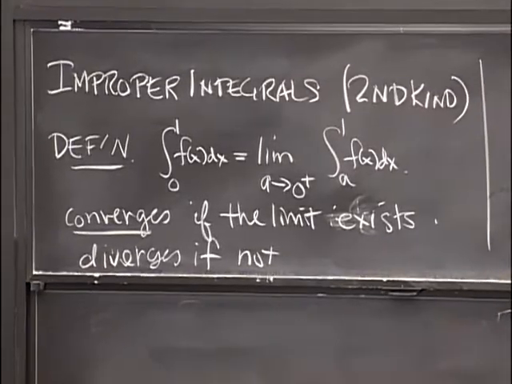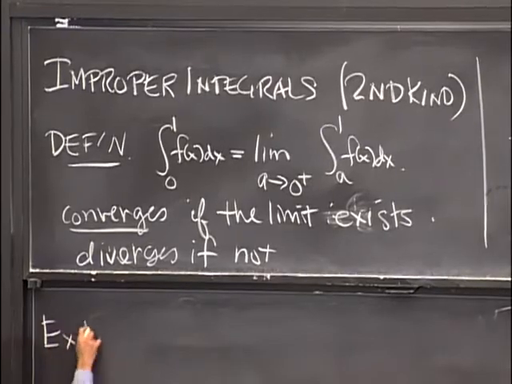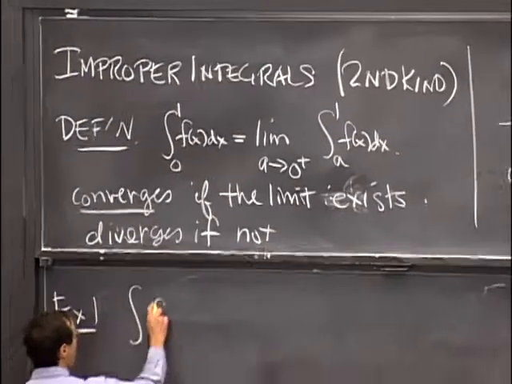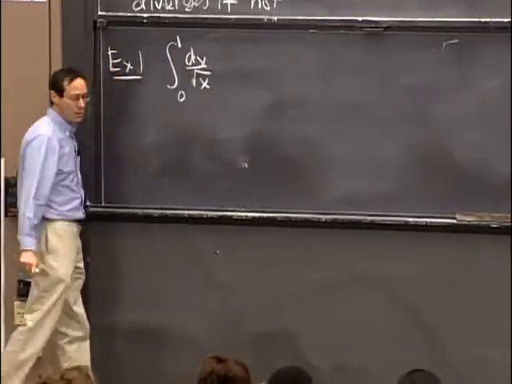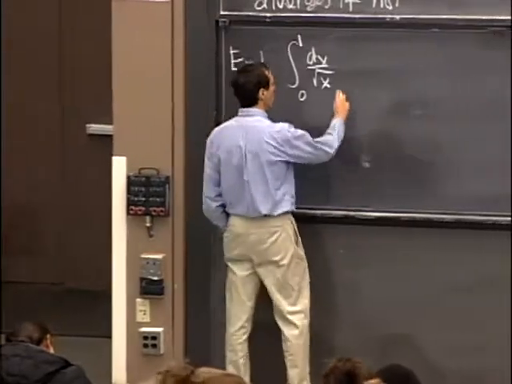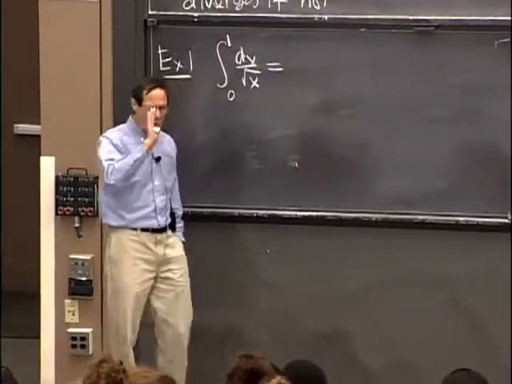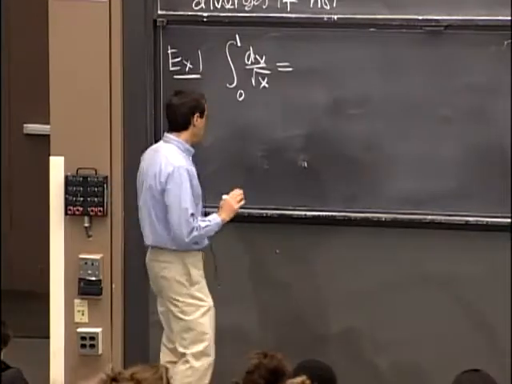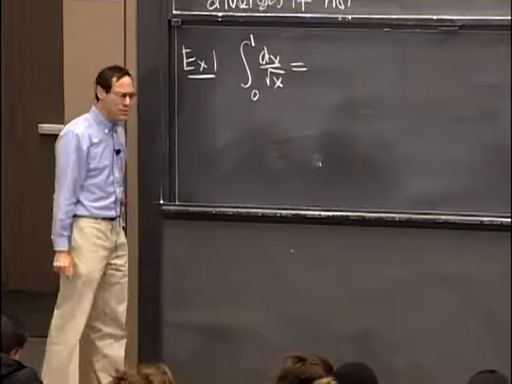Let's just take care of the basic examples. First of all, I wrote this one down last time. We're going to evaluate the integral from 0 to 1 of 1 over the square root of x. You almost don't notice the fact that it goes to infinity as x goes to 0.